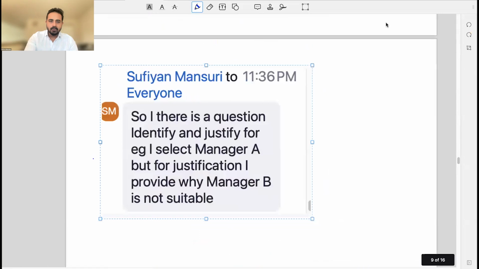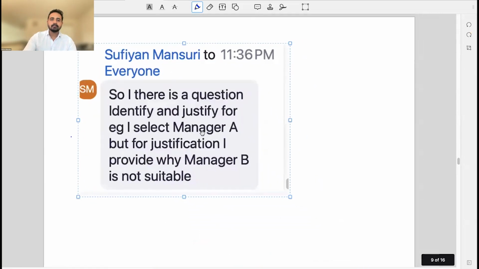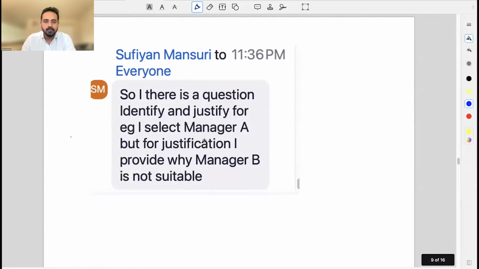Okay, sir, thank you. Sufyan has posted something very useful on the chat box. I want to show it for all of you. He's saying, if there is a question that says identify and justify, and if I identify manager A, then for justification do I need to provide why manager B is not suitable? Correct. Ideally, the best solution would be why manager A is suitable, if you can find some hints in the case study.